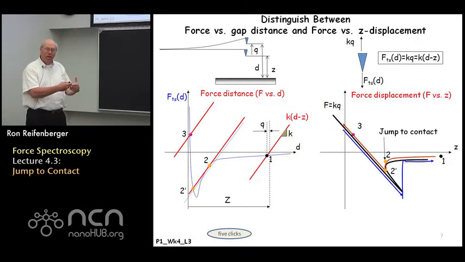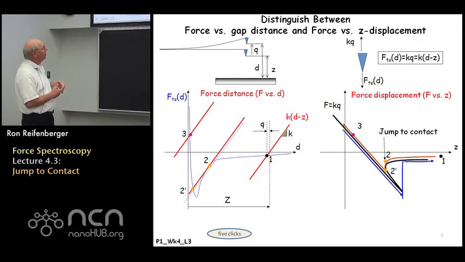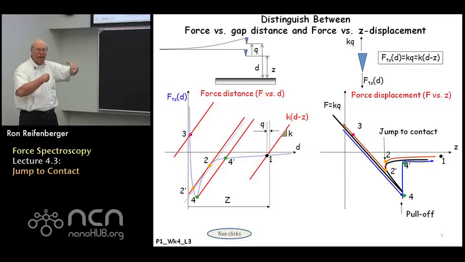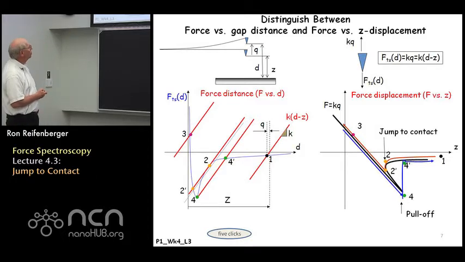And then experimentally you withdraw the substrate from the tip, and you continue to withdraw until the spring constant of the cantilever K matches the slope of the F versus D curve at this point 4. At point 4, that means it's a point of unstable equilibrium, and the tip will then jump to point 4 prime, which means that the tip snaps away from the substrate.